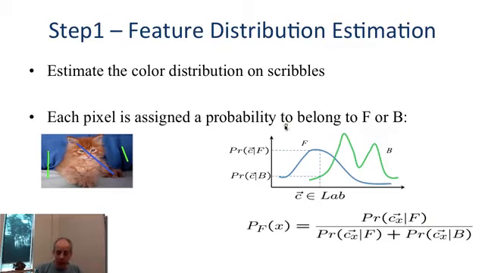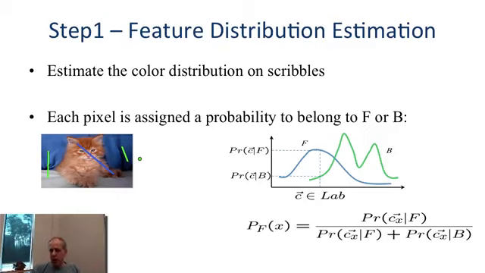And once again, this is just a particular illustration. The basic idea is that we use the distribution of the foreground and the distribution of the background to tell the computer: pixels that are similar to the colors that the user has marked as foreground, you should try to call them foreground. Pixels that are similar to the color of what the user has marked as background, you should try to call them background.